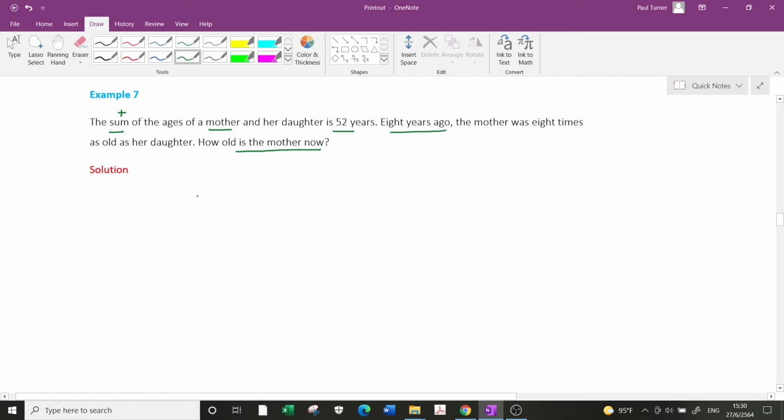Okay, so what we do, we let them equal x and y first. So let x equal the mother's age now. And we let y equal the daughter's age. That's also now. Okay. So what we'll do, we'll make a kind of a table.